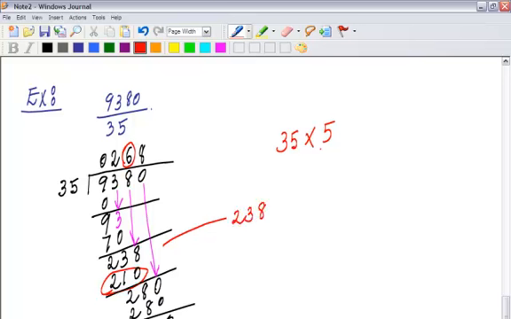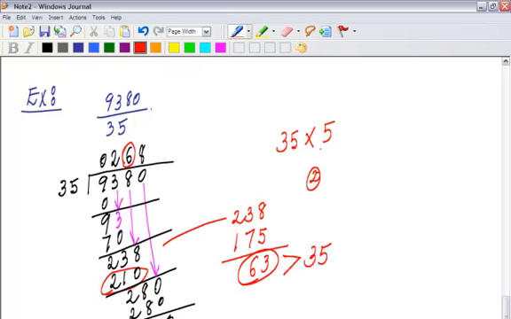If I would have picked 5, then what is 5 times 35? 5 times 5 is 25, so I get a 2. 3 times 5 is 15, 15 plus 2 is 17. Now when I subtract, 8 minus 5 is 3, 13 minus 5 is 6. Well, the problem is the number that I have just got is bigger than 35.